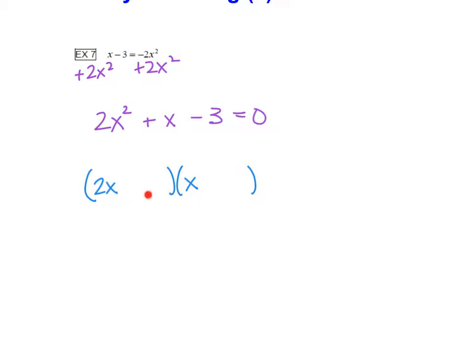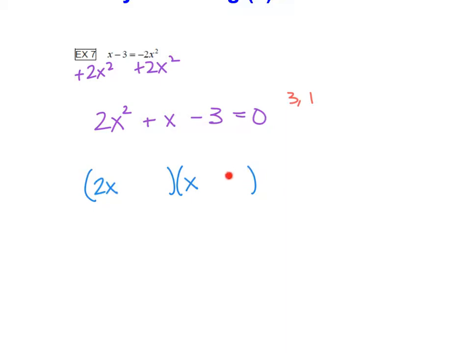Now in the second spot, we have to put in numbers that multiply to this negative 3. So we can use 3 and 1, and then because it's a negative 3, we're going to have one positive and one negative. So let me talk you through my thinking on this. I know that I'm going to use a 3 and a 1, but to avoid guessing a lot of possibilities, I'm going to think about where the best spot for the 3 and 1 would be.